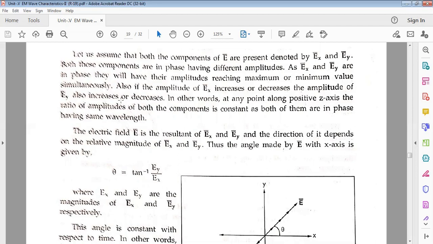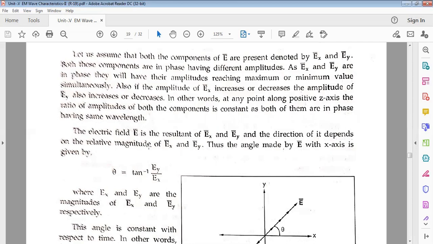Also, if the amplitude of Ex bar increases or decreases, the amplitude of E bar also increases or decreases. In other words, at any point along the positive Z direction, the ratio of amplitudes of both the components is constant, as both of them are in phase and have the same wavelength.